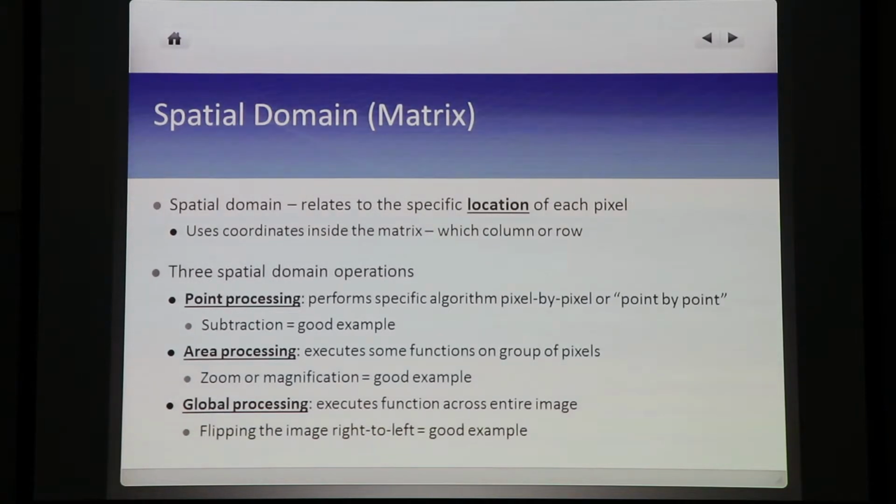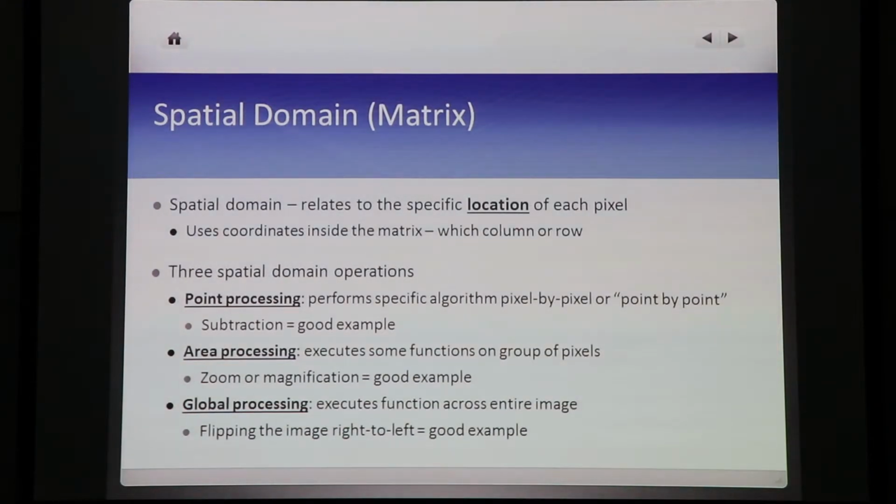So let's talk about spatial domain, or basically the matrix. This relates to the specific location of each pixel inside the matrix. There are 3 different processing operations that you can do under what's called the spatial domain processing operation. Point processing performs a specific algorithm pixel by pixel or point by point.